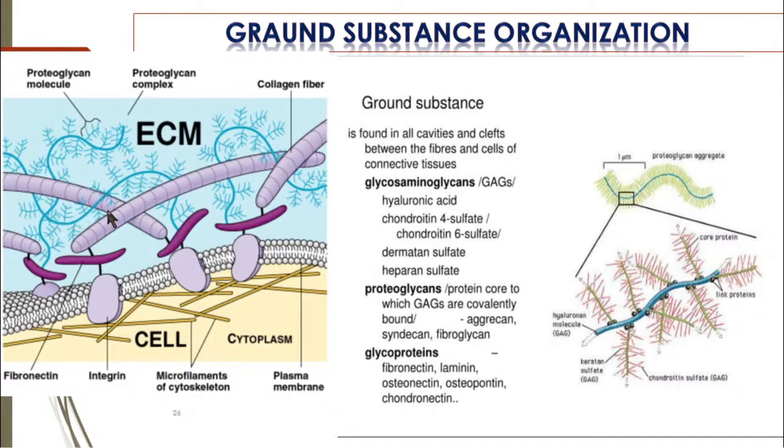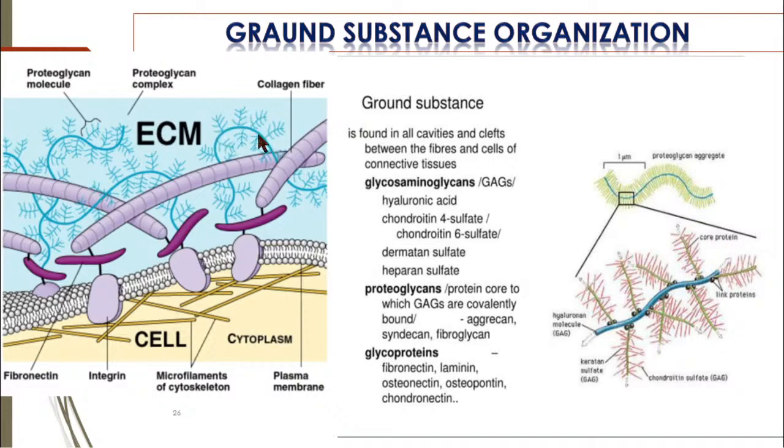From another side, we can see these round small particles, which are link proteins, or core proteins, joining the glycosaminoglycans with the proteoglycans. So, hyaluronic acid, glycosaminoglycans in green color, and proteoglycans in red color.